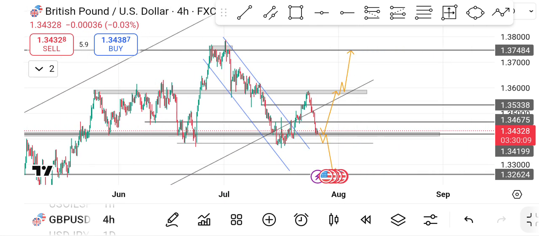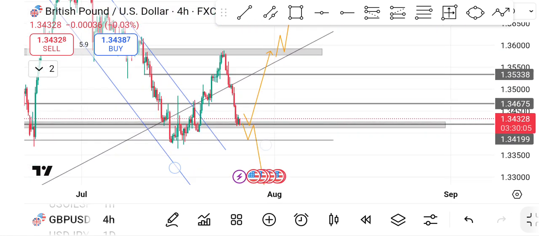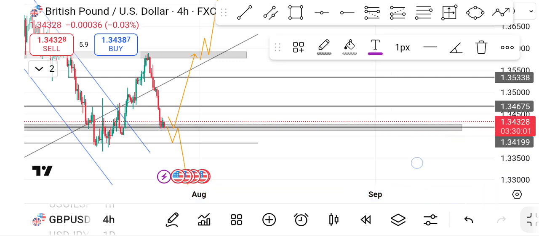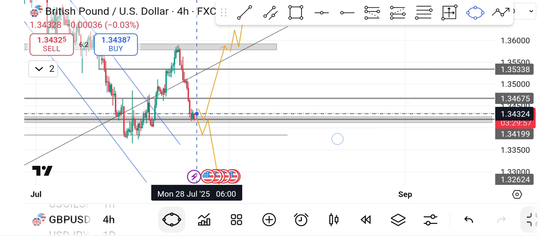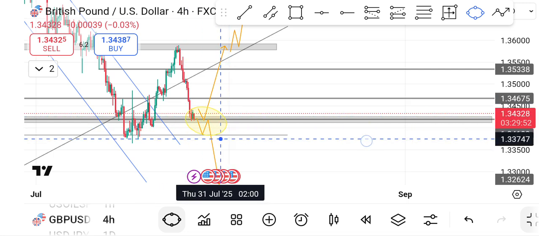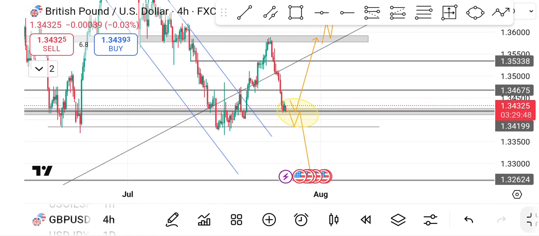So what I'm expecting is, what is price going to do on this area when we wake up tomorrow morning, which is Monday? Is price going to reject off this area or is it going to break out of the area? Whatever price does is what we are going to follow, right?